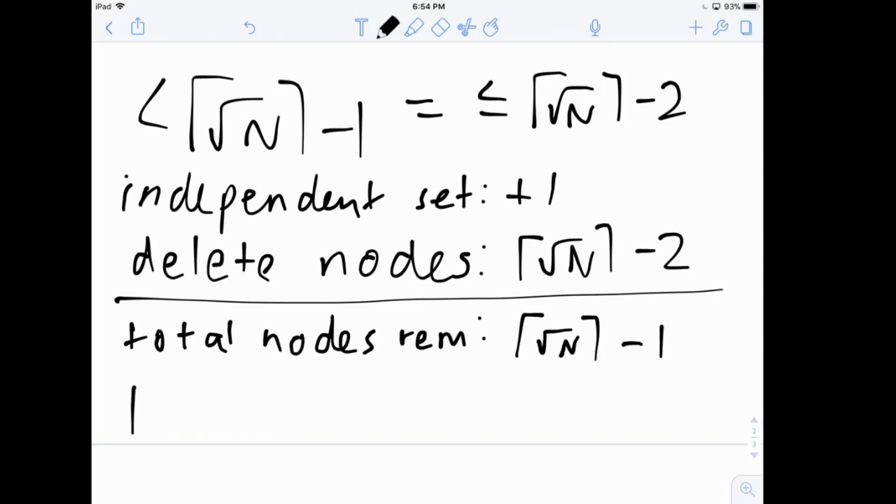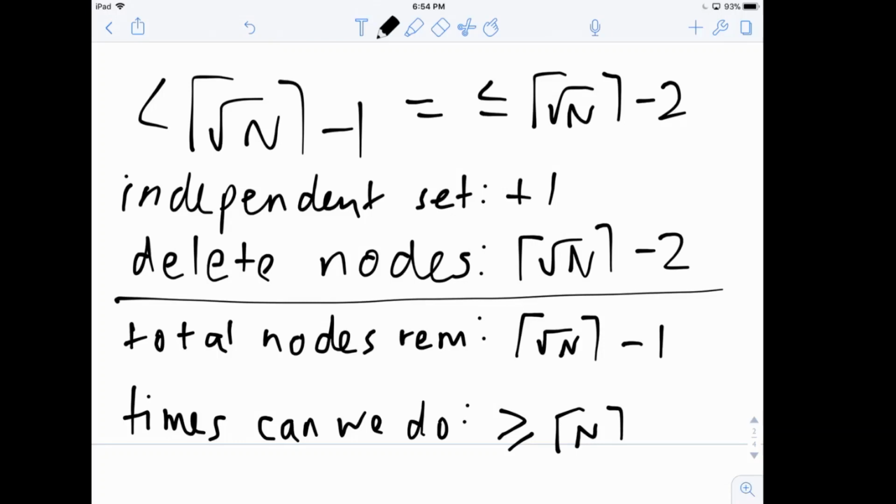How many times can we do this? Well, it is at least square root of n. Because note that if the total number we're removing was simply the ceiling of square root of n, the times we could do this would be the floor of square root of n, right?